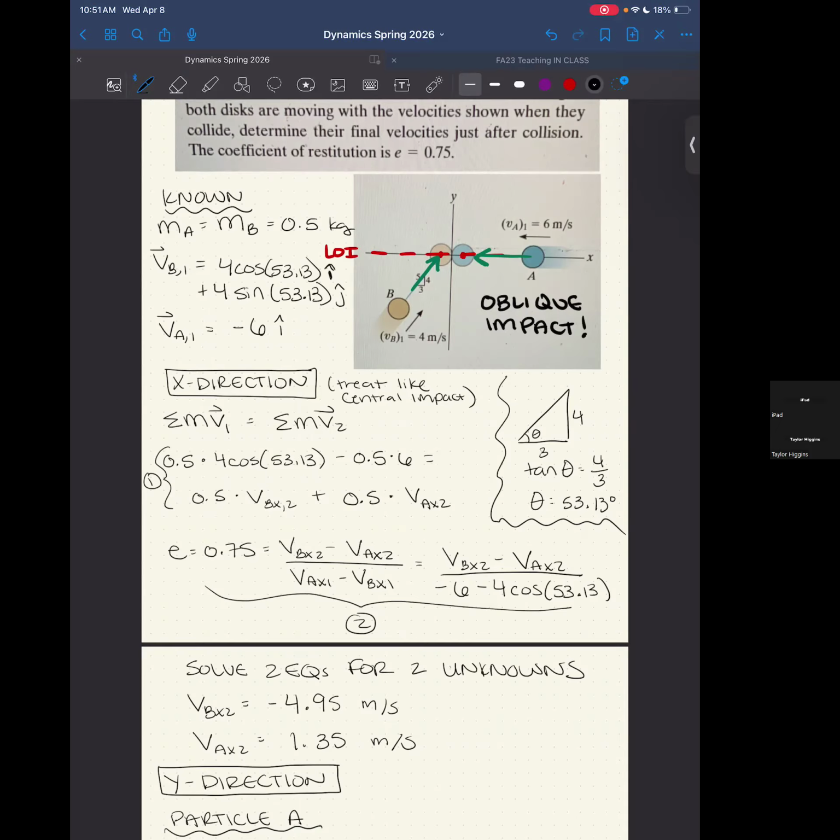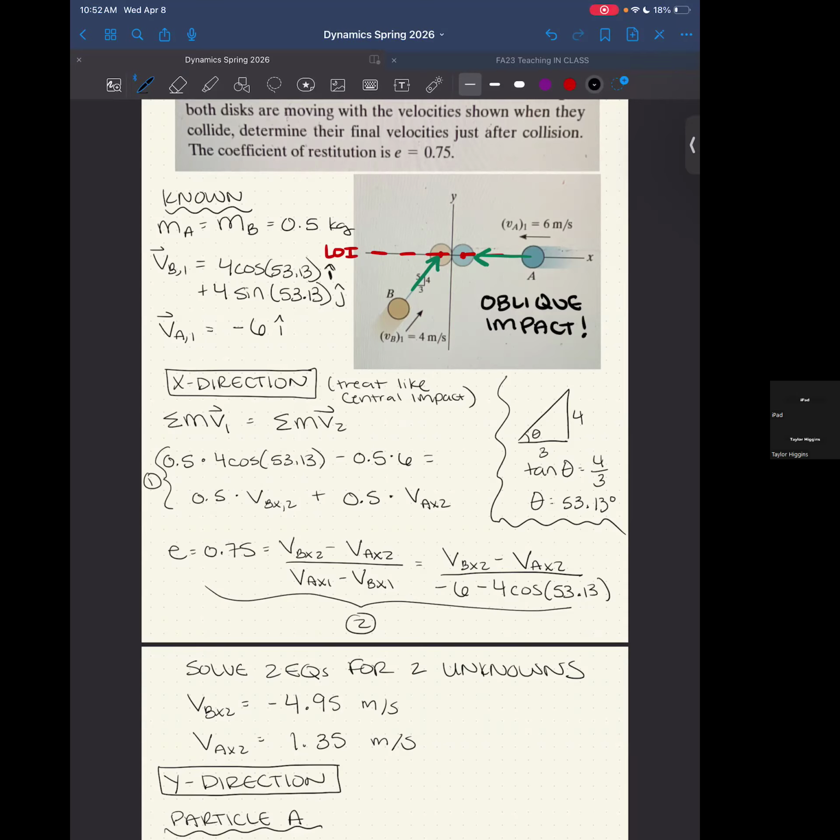For this question, solving the X direction, did you get BX2 equals negative BX2 minus 3.6? I did not go through any of the solving of the system, to be honest.